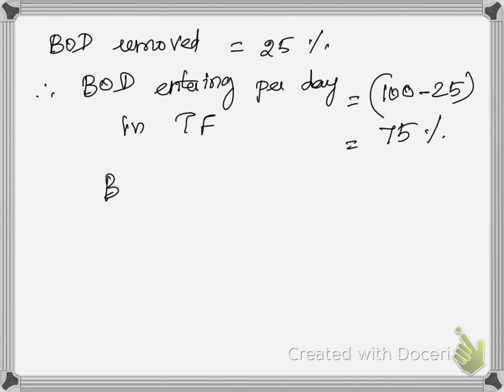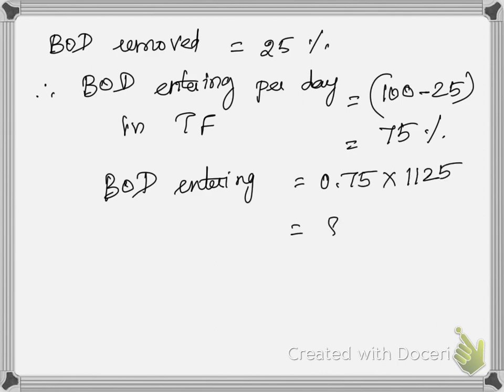So BOD entering the trickling filter per day will be equal to 0.75 into 1125 kilogram, which is 843.75 kilogram. So this is going to be the amount of BOD that is entering per day in your trickling filter. You have to be very careful in this.